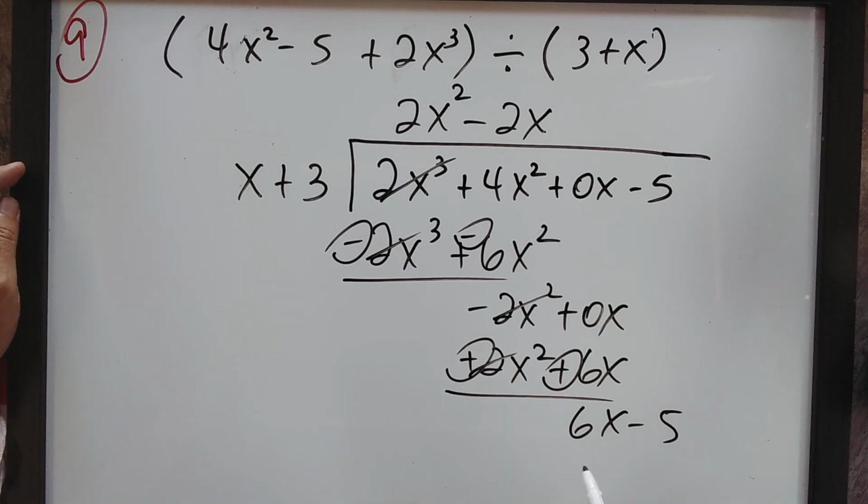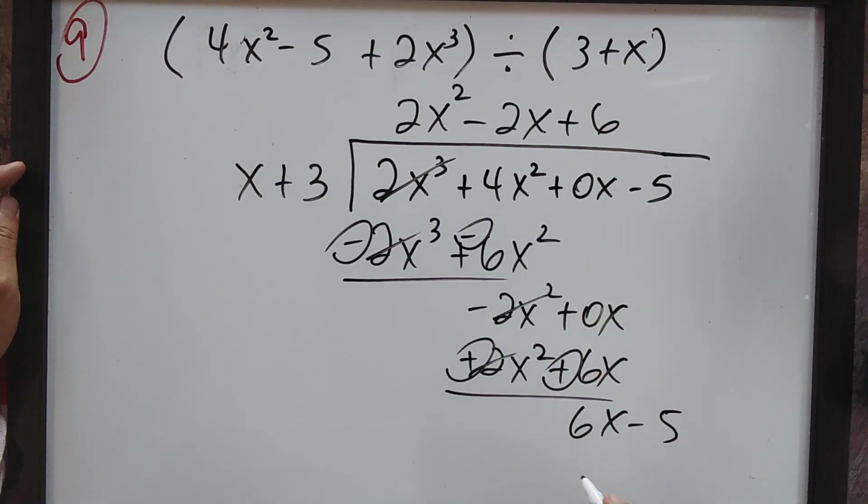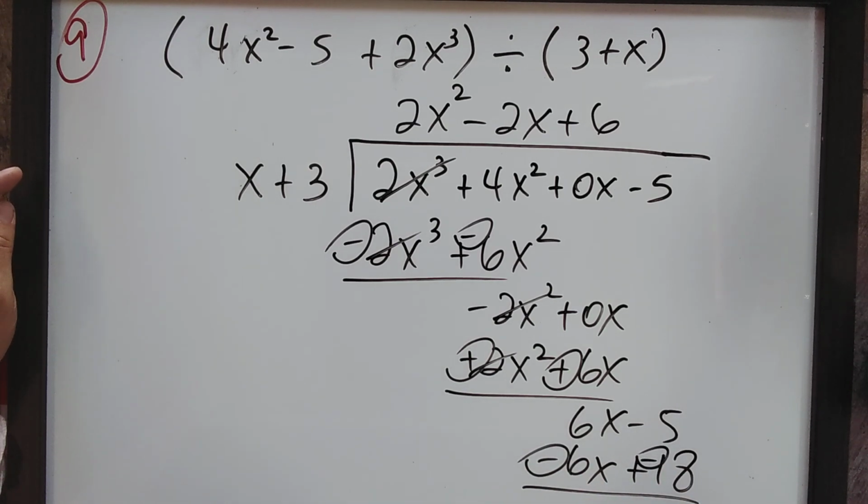And divide for the last time. 6x by x is positive 6. 6 times x is 6x. 6 times 3 is positive 18. We change the signs of the bottom row to the opposite. That cancels out. Negative 5 minus 18 is negative 23.